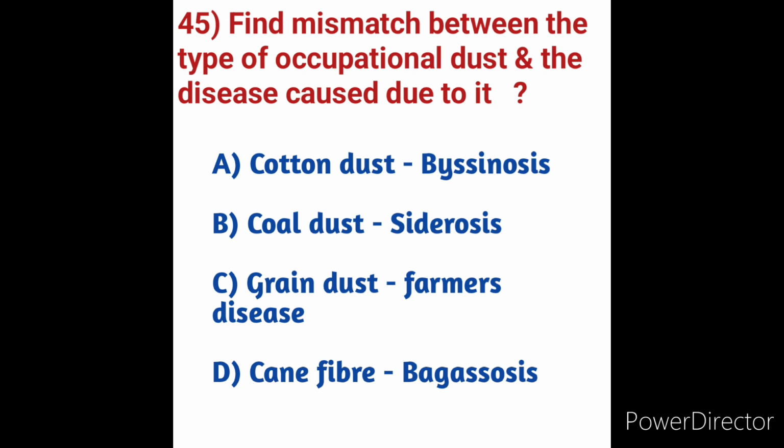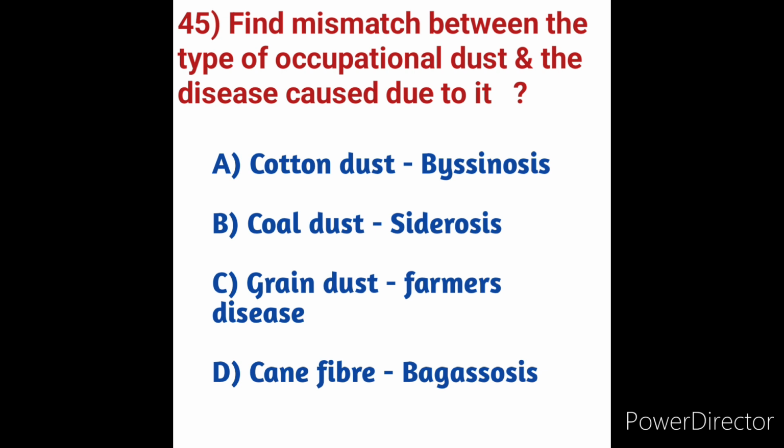Now we will see what coal dust is and the disease caused by coal dust. Coal workers commonly get pneumoconiosis. Coal workers' pneumoconiosis, commonly known as black lung disease, occurs when coal dust is inhaled. Over time, continued exposure to coal dust causes scarring in the lungs, impairing your ability to breathe, and is considered an occupational lung disease. It is most common among coal miners.